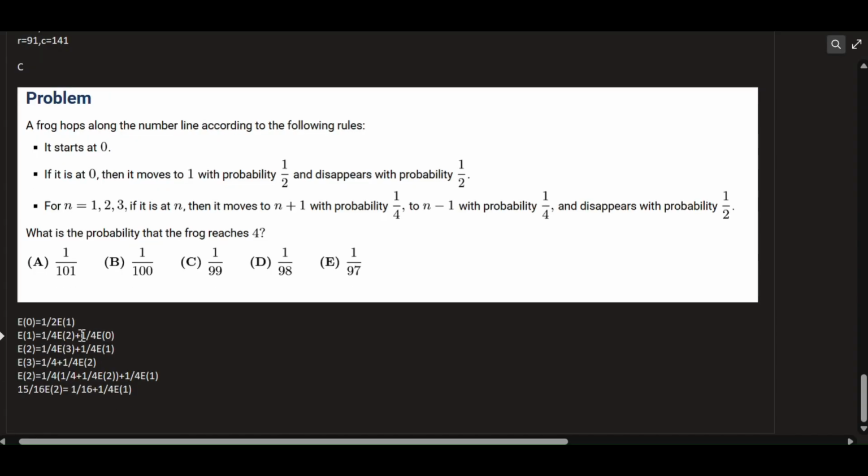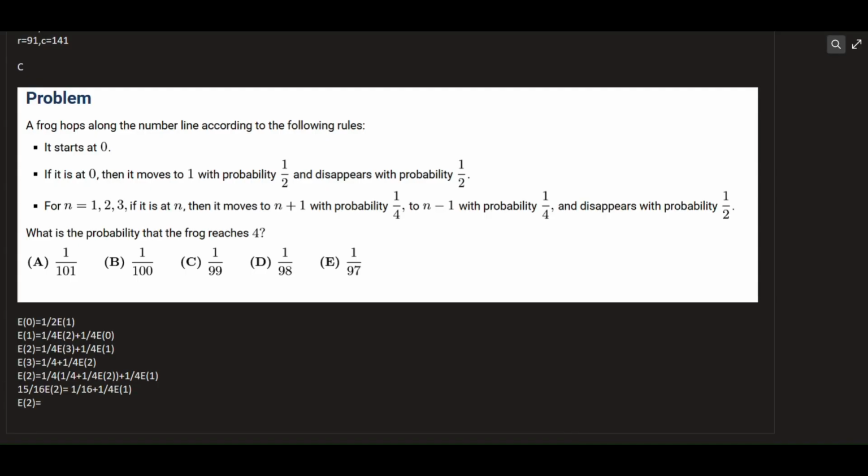Now we can plug this into equation number 1. Multiplying each side by 16 over 15, we have E of 2 equals 1 over 15 plus 4 over 15 E of 1.